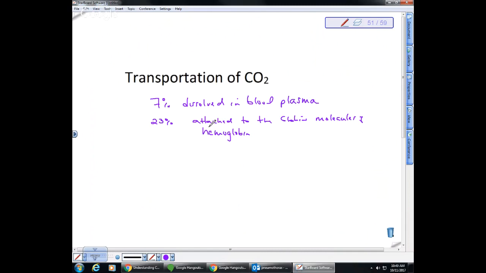And so the hemoglobin does play a role, not too small, in the transportation of not only oxygen, but also carbon dioxide. And then 70% is transported as a bicarbonate ion, so in the plasma.